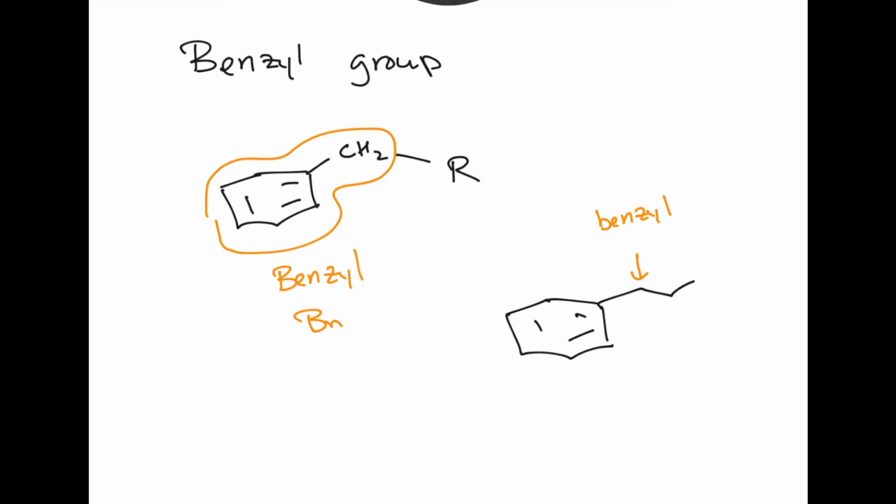So a benzyl group is when you have something attached to the benzyl carbon. We call it a benzyl group. So a lot of times you'll see benzyl groups hanging off of, like, this uses a protecting group, so it'll be hung off of a nitrogen or an oxygen.